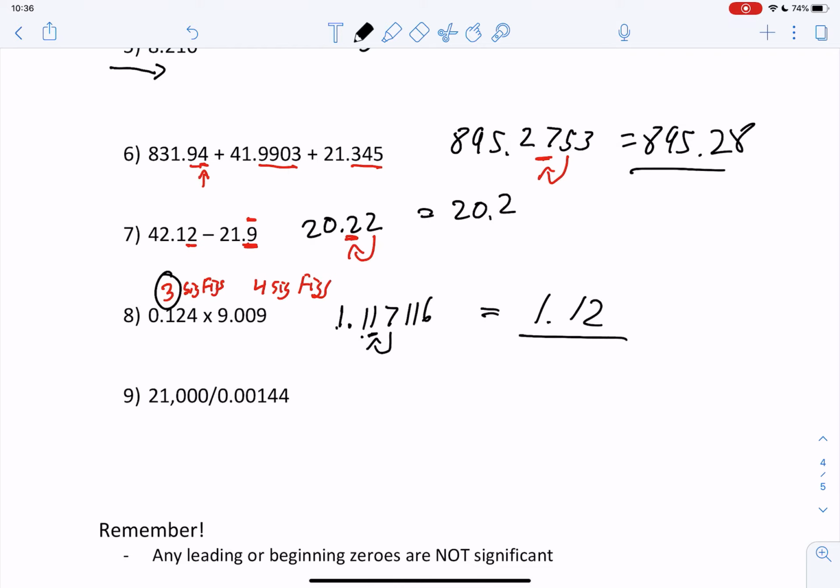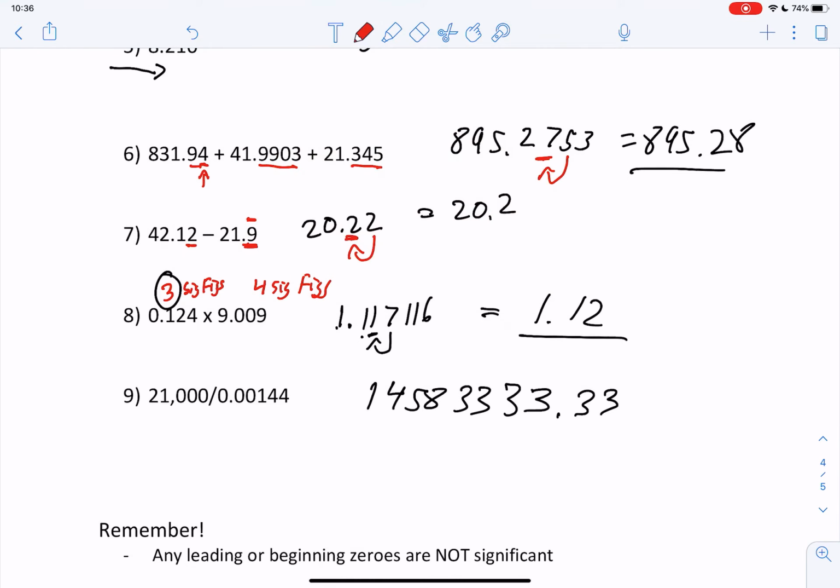Last problem, 21,000 divided by 0.00144. You put that in the calculator and you get this really big number, 145,833.33. Okay, so then you need to find how many significant figures we started with.